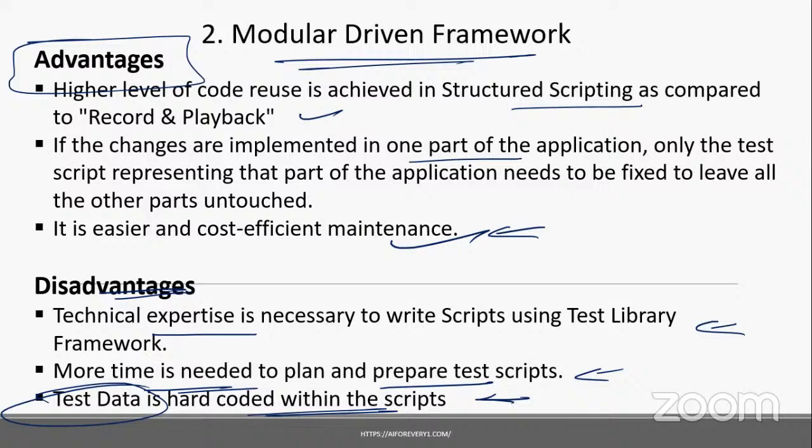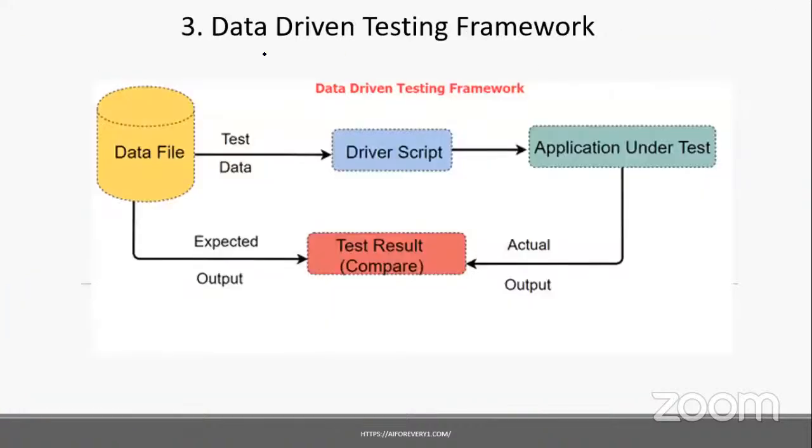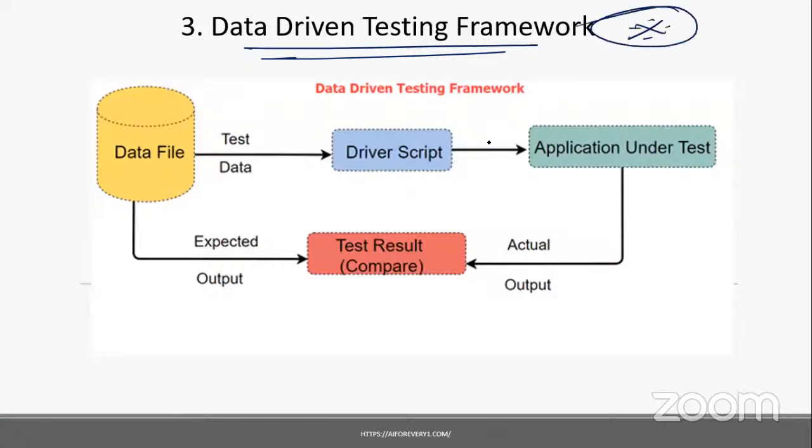Suppose you want to try another test data, again you have to open all the modules and modify them. So what is the problem with the modular framework? It is test data. So finally, the data driven testing framework came. I think around 2014-15 they started using data-driven testing.